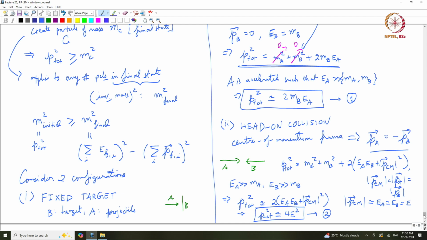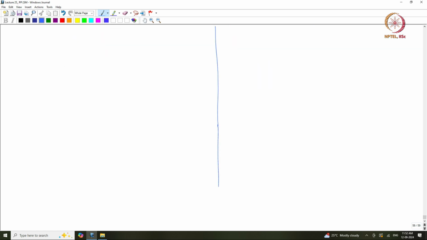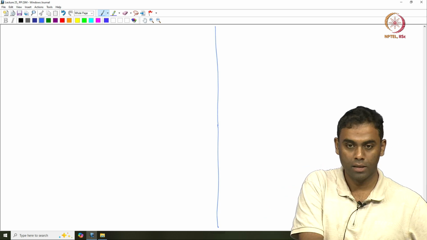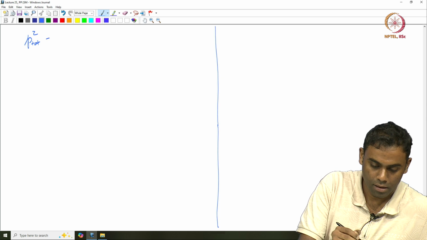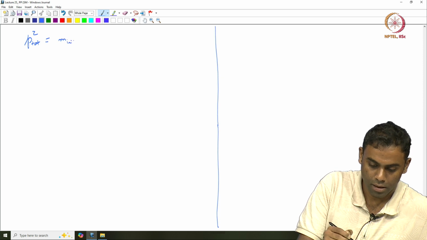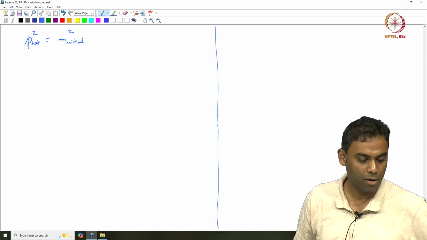And before we do that, we are going to give a little more interpretation to this P tot squared to really understand what that is. Okay. So, we just said that is the initial state invariant mass squared, right.